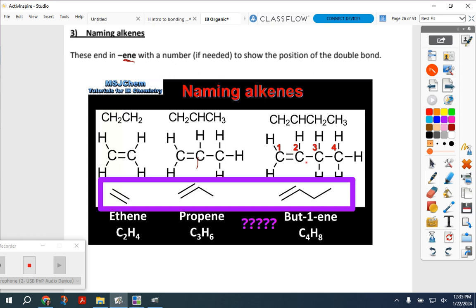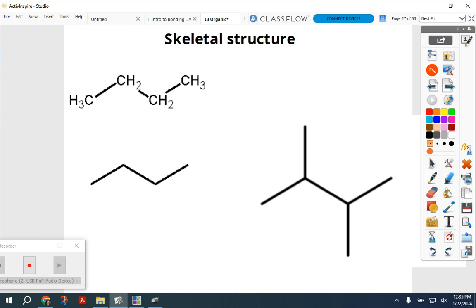Okay? So what is going on with these lines? This is called the skeletal structure. The skeletal structure has a zigzag for single and double bonds between carbons. Every corner and every end is a carbon. Okay?